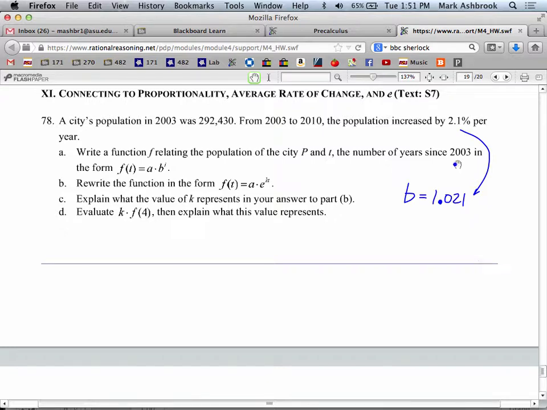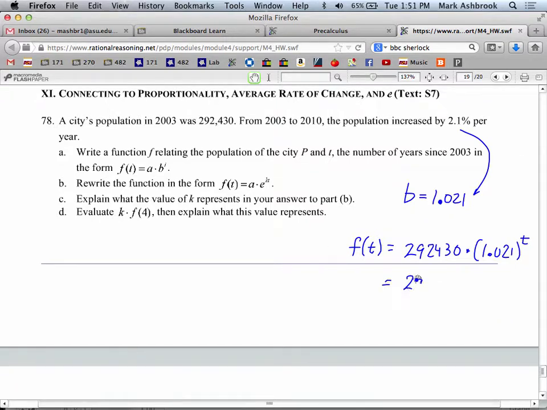Okay, so we can write then, starting in 2003, 292,430 times 1.021 to the T. Now we want to rewrite it in the a e to the k form.